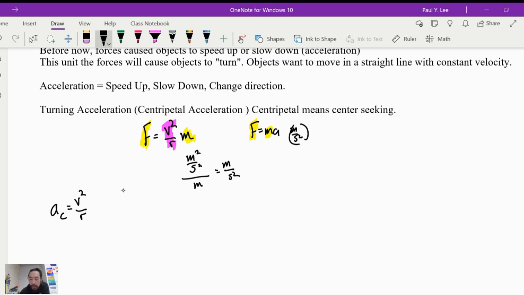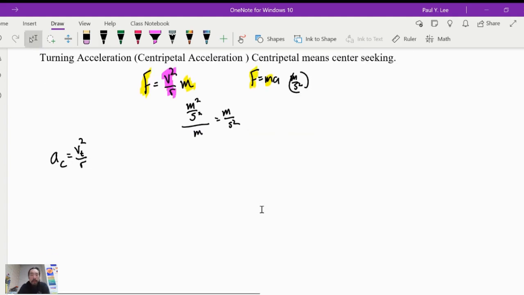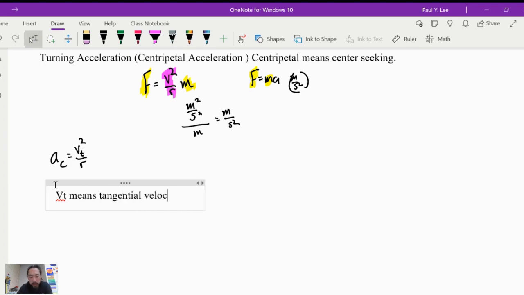Now, there is actually a little tiny subscript underneath of that v, and it's a t, and I'm going to go into the definition of what that t represents. So if that's my official formula right there, v sub t means tangential velocity.